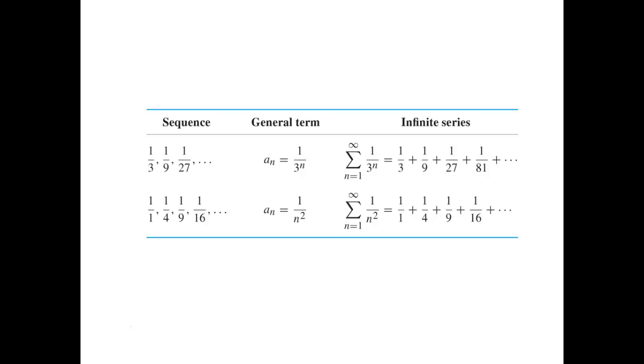Just looking at these two, these numbers are getting small faster than those. I think you realize that this is an exponential sequence, and this is a power, okay, with the same power.